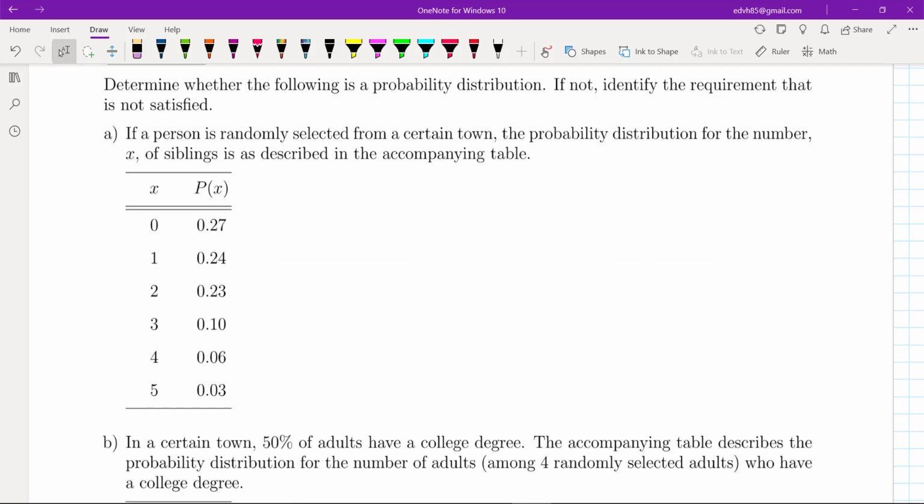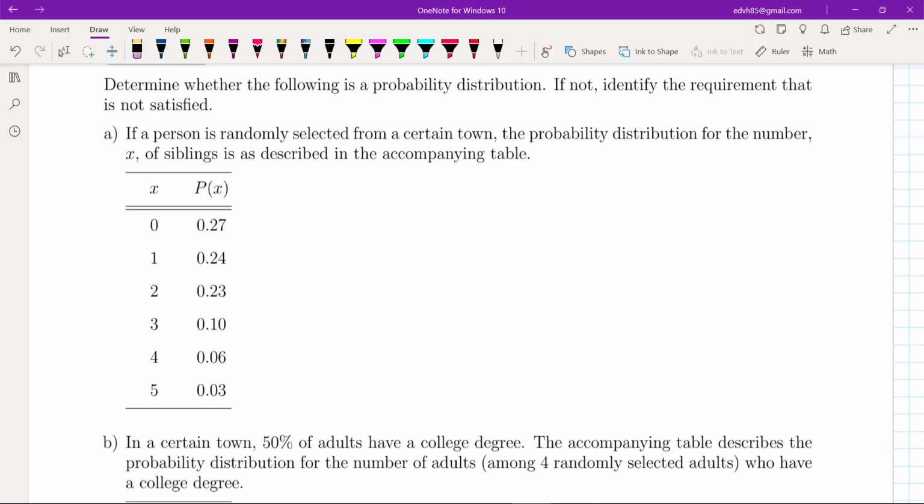That's enough. So let's determine whether the given examples do we have a probability distribution. So if a person is randomly selected from a certain town, the probability distribution for the number X of siblings is described in the accompanying table. For example, a randomly selected person in a certain town was asked, how many siblings do you have?